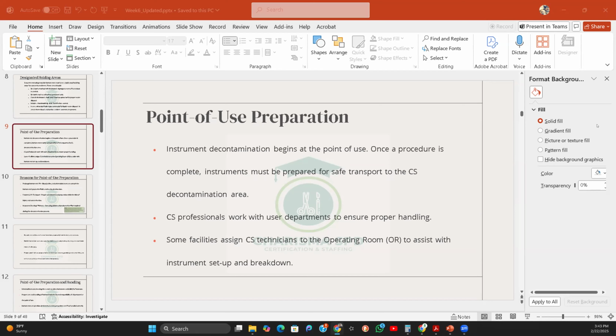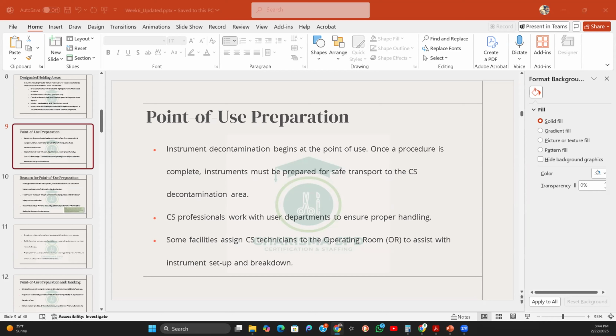central sterile processing technicians sometimes are assigned to the OR to make the work of decontamination easier, because sometimes the OR staff are not as well trained as CSPD staff or sterile processing technicians. So sometimes they cut corners, and therefore they are not able to prep the instrument as we professionals will do.